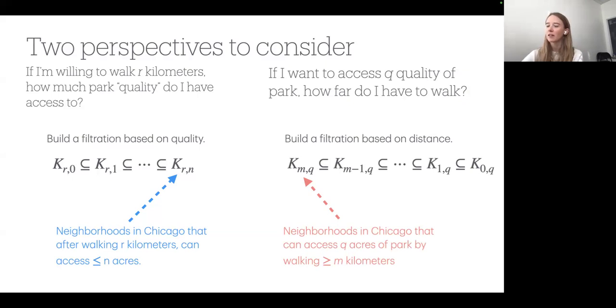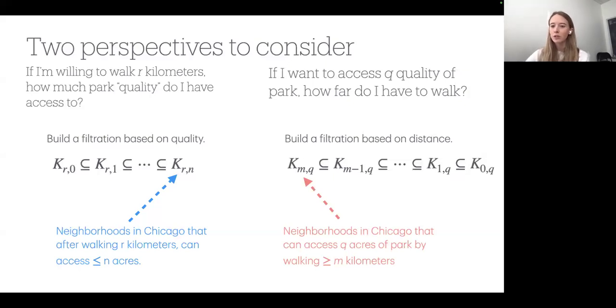So if you start by looking at the people who have to walk really far to access Q acres of parks, then decrease that distance a little bit, you're going to get more and more people added in as you decrease that distance threshold.